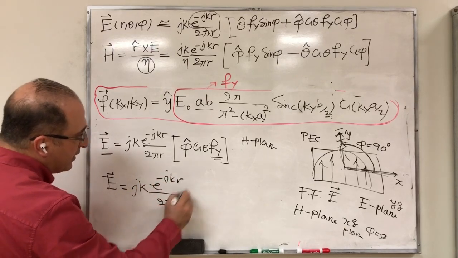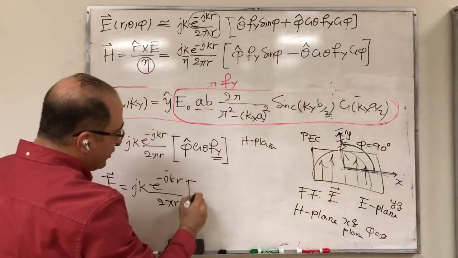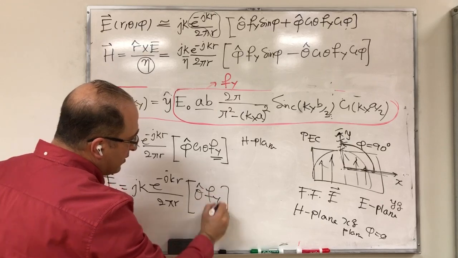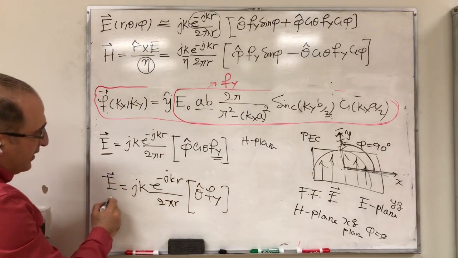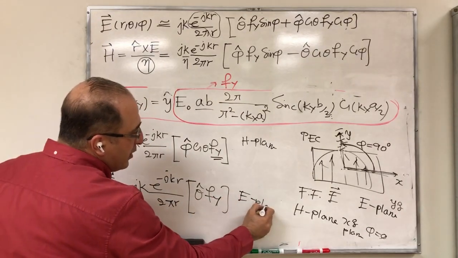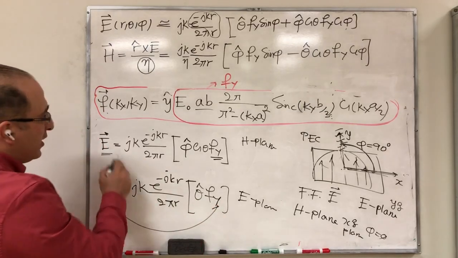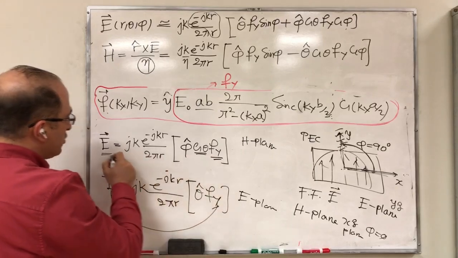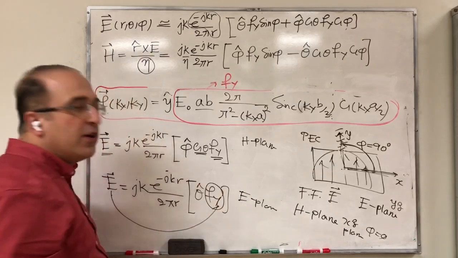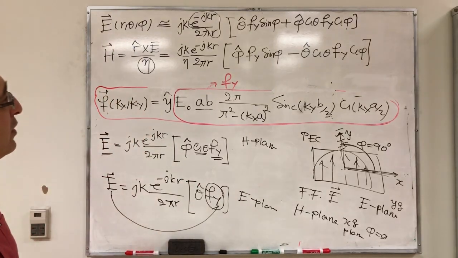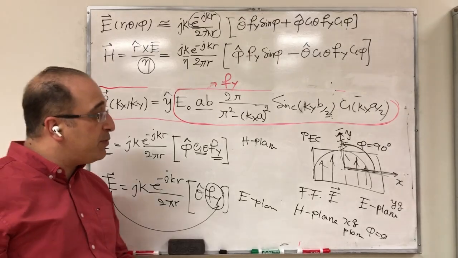E in the E plane is for phi equal 90, and if I substitute phi equal 90, I get this. This goes to 0 because cos of 90 is 0. So in the E plane, it's directly related to the Fourier transform. In the H plane, I have this factor cos of theta as well. But you see the importance of the Fourier transform. So now we know the E plane and H plane.